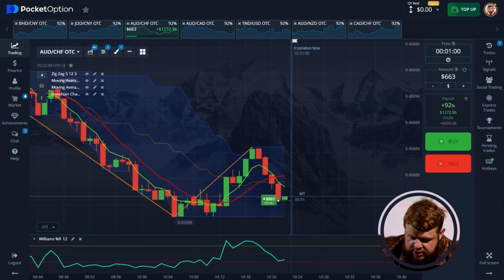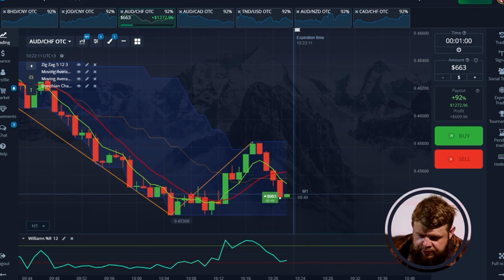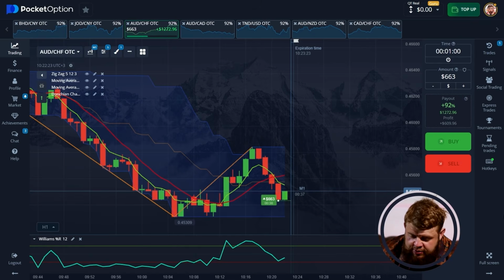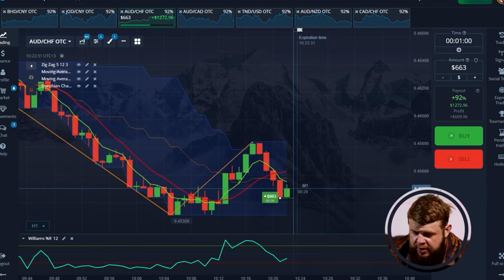So from this point we're highly likely to start growing, because this is not only the upgoing trend line, but also the support line zone. And I don't think that sellers have enough power to break through it right now. So I decided to open a buy position here exactly, and let's see what we will get from it.